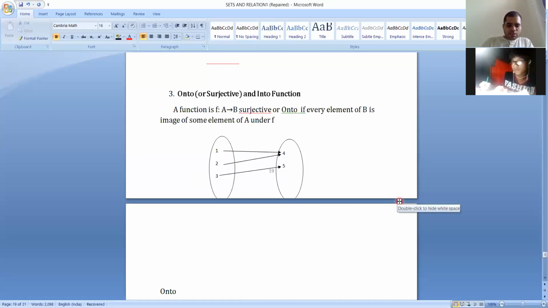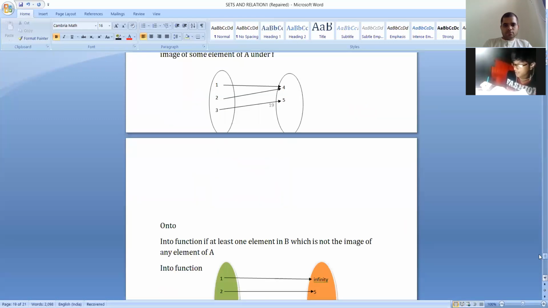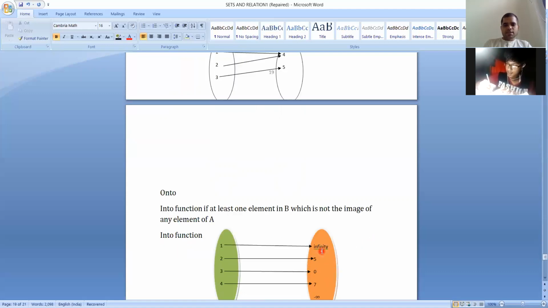And if a function is not onto, that is called an into function. If a function is not onto, then it is an into function. In other words, an into function has at least one element in set B which does not have a pre-image.